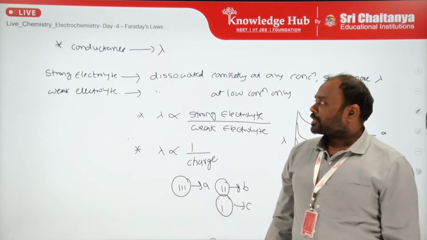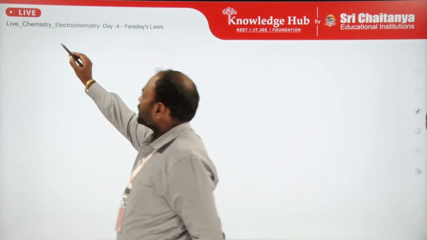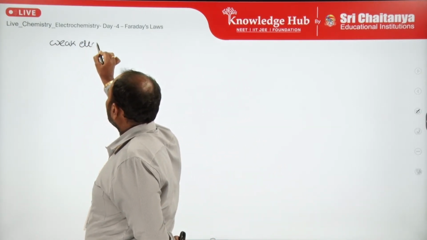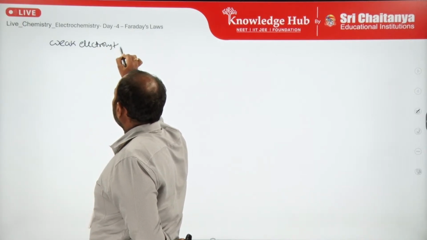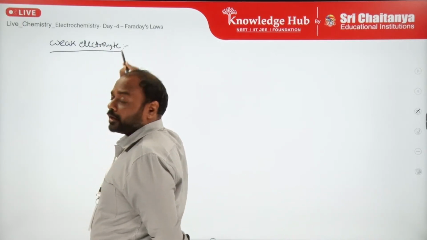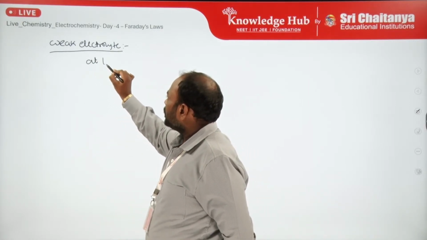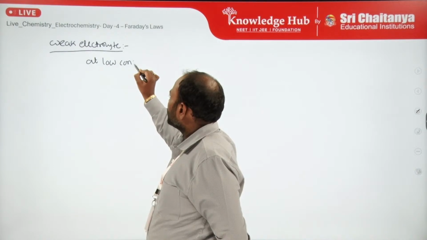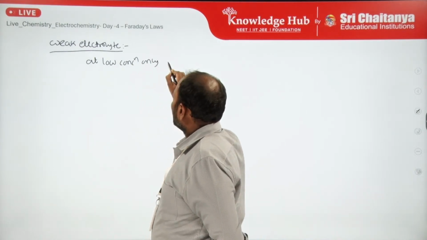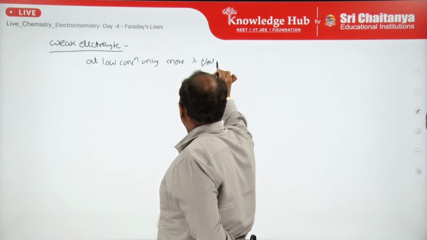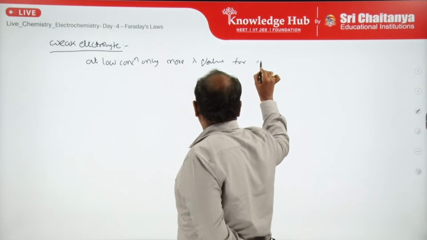Equivalent conductances, suppose we take the weak electrolyte. Weak electrolytes show more conductivity at low concentration. At low concentrations only, more lambda value for weak electrolytes.